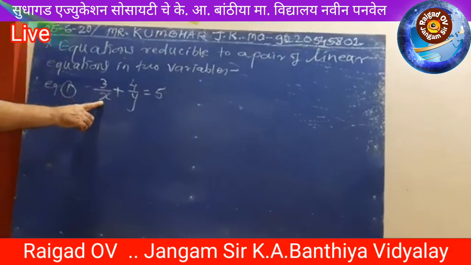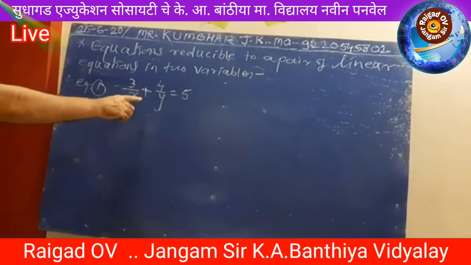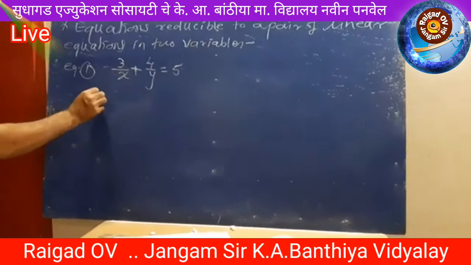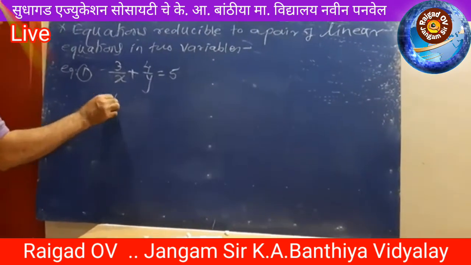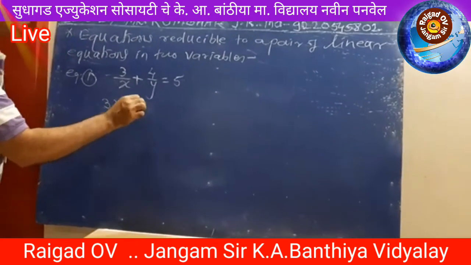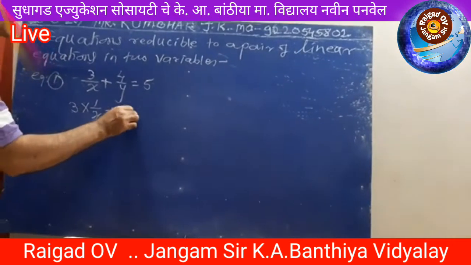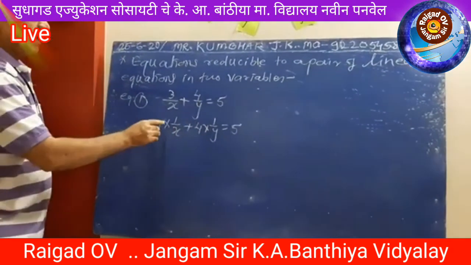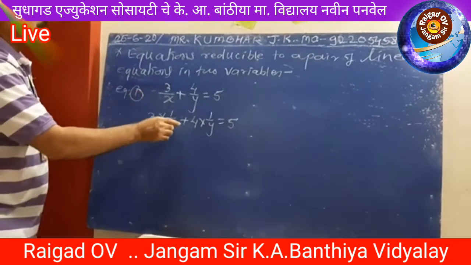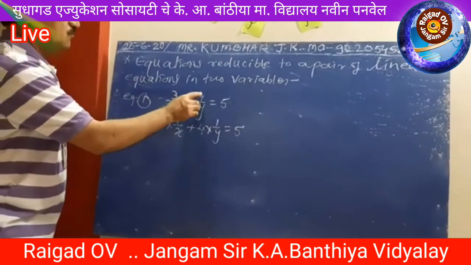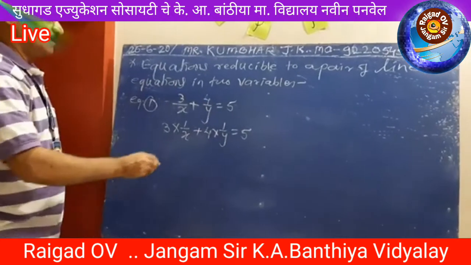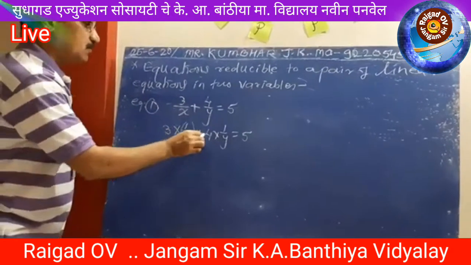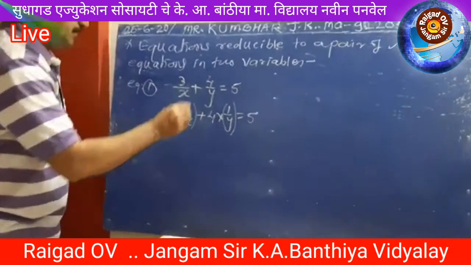Now we have to convert this equation into a linear equation in two variables. We can write it in the form of 3 into 1 upon x plus 4 into 1 upon y is equal to 5. Now here this is 1 upon x and this is 1 upon y.